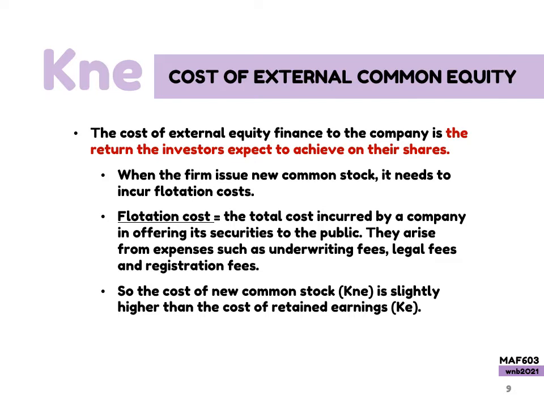It is the return that investors expect to achieve on their shares or investment in a firm. For example, if a company has insufficient funds to finance a project, the company could issue new shares as an alternative for additional funding. By doing so, the company will incur the cost of external common equity, that is Ke.